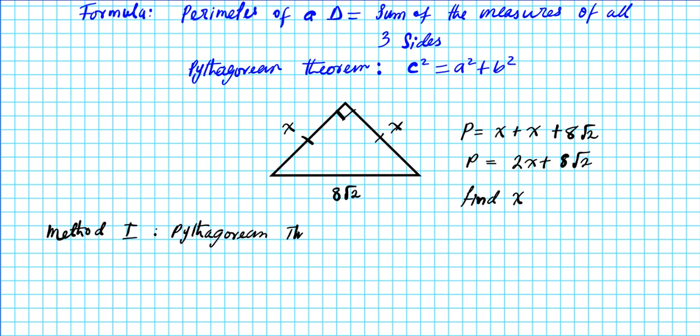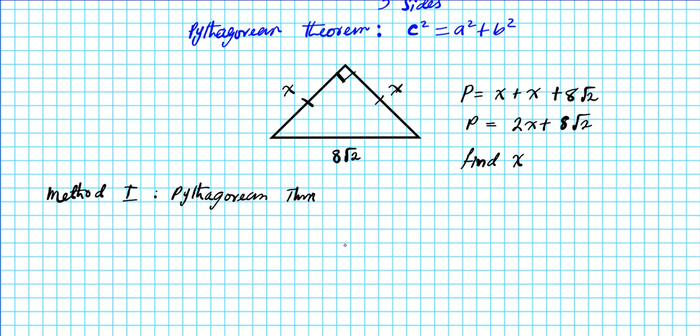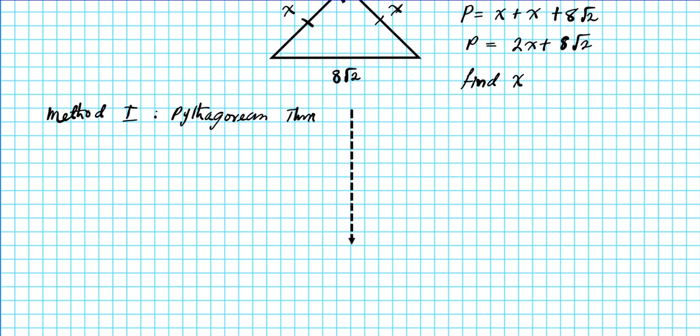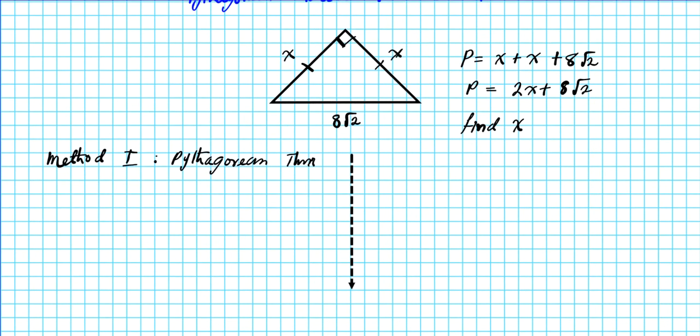Alright, so what is the Pythagorean theorem again? We mentioned it earlier. It's a squared plus b squared equals c squared. So if we apply that idea to this problem, let me just draw another right triangle. So we have the triangle again. This is x, and this is x, and this is 8 root 2.